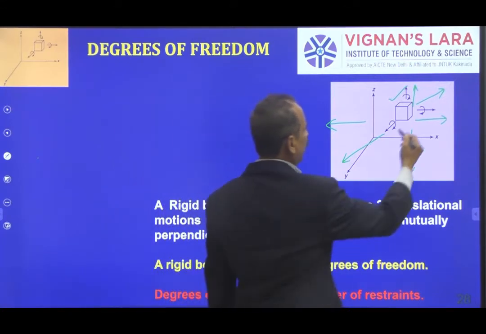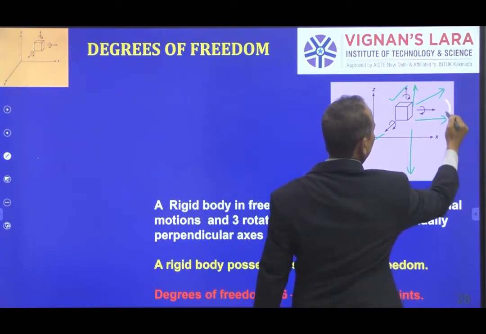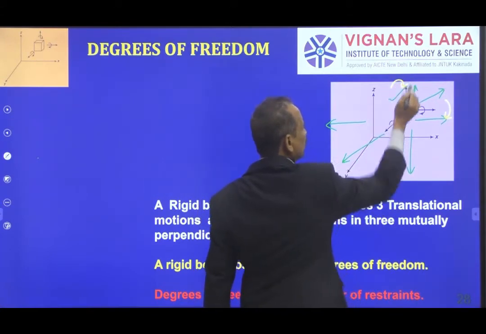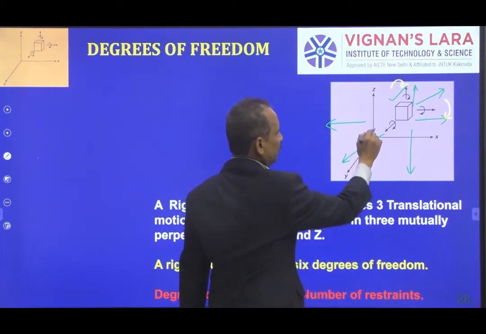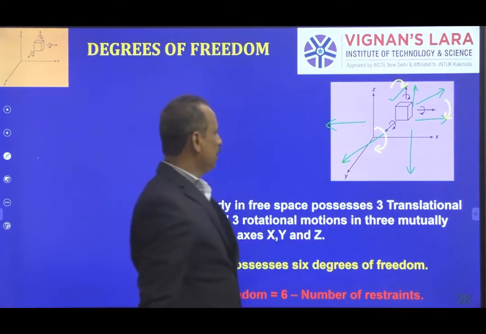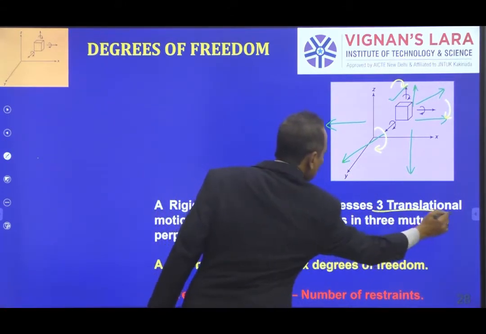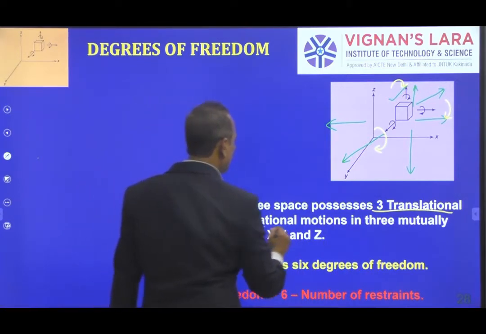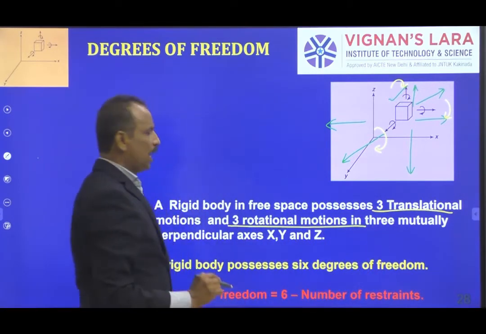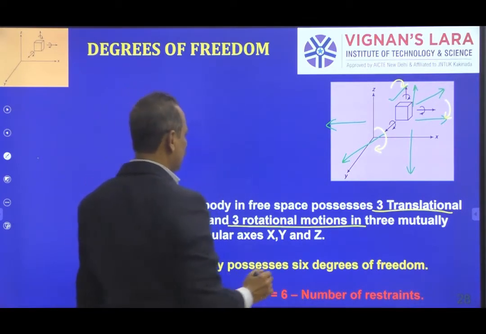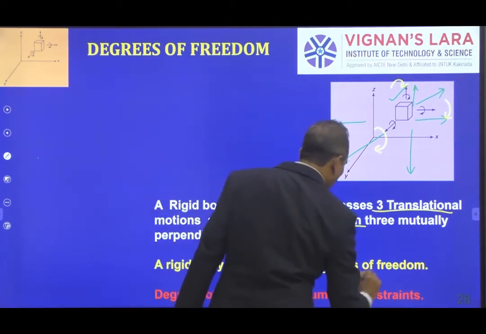It can roll like this, it can spin like this, and it can roll like this. That means finally it has 3 translational and 3 rotational motions, along 3 mutually perpendicular axes x, y, z. That is a total of 6 degrees of freedom.